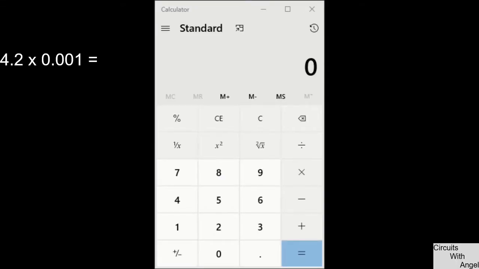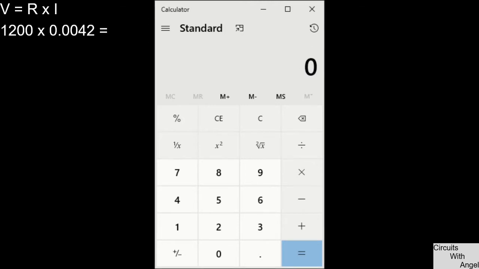Now you may be wondering how I get such a small number. Well, we go 4.2, because that's the milliamps, times 0.001, because that's where the thousands place is, and that's where milliamps is. And that's how I got the number. You can do this with any number of milliamps, but I just wanted to demonstrate how I did that.